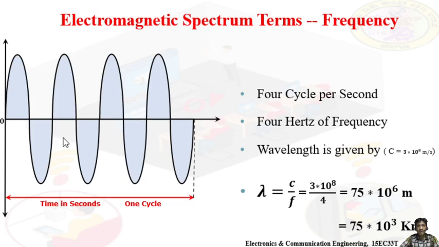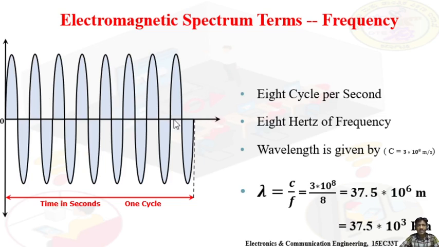If you increase again, that is 4 hertz of frequency. 4 hertz of frequency means 1, 2, 3, 4, so 4 cycles are present. Then lambda becomes 75 times 10 to the power of 3 kilometers. Similarly, if it is 8 hertz of frequency, 37.5 times 10 to the power of 3 kilometers.